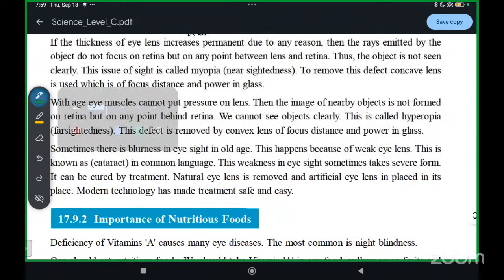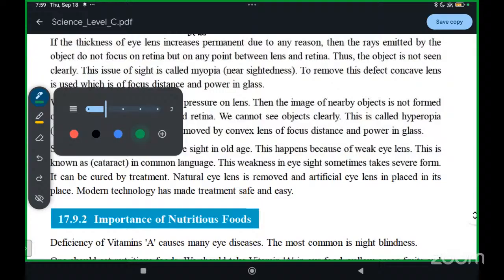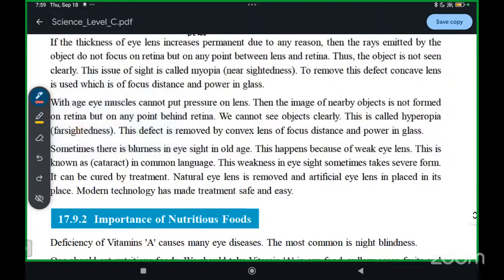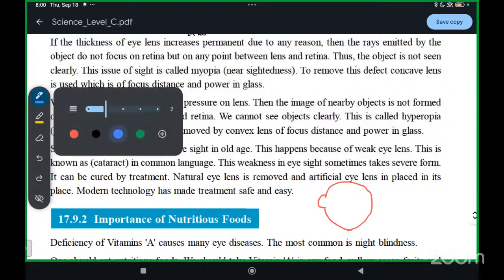Now, how does hypermetropia look? This is your eye. And this is the lens.